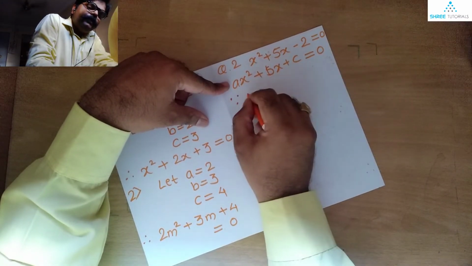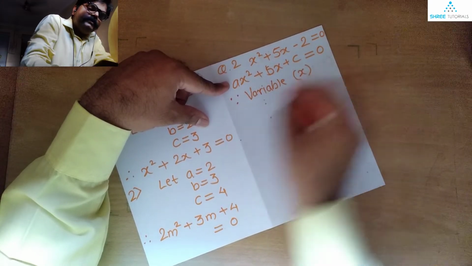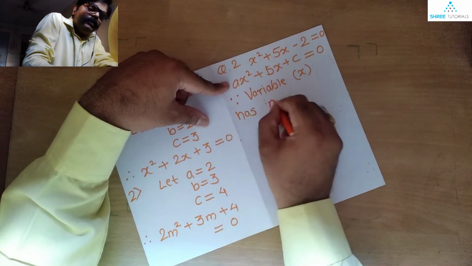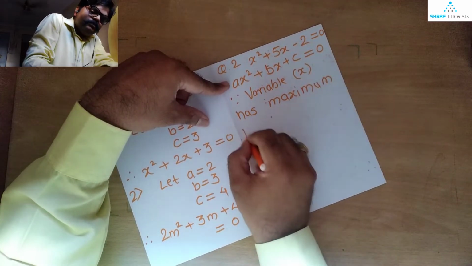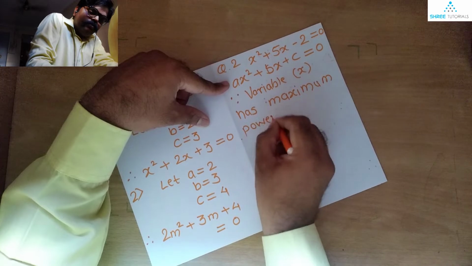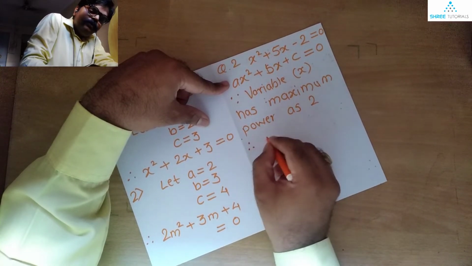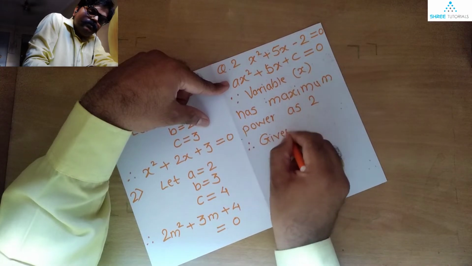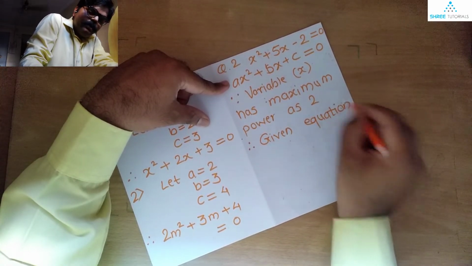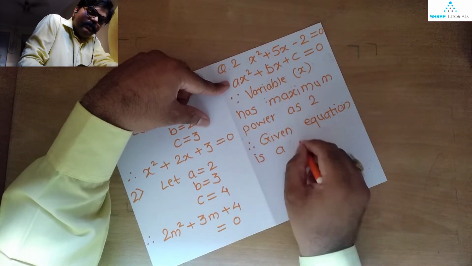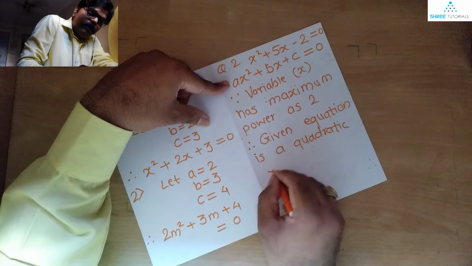Therefore, since variable x has maximum power as 2, the given equation is a quadratic equation.